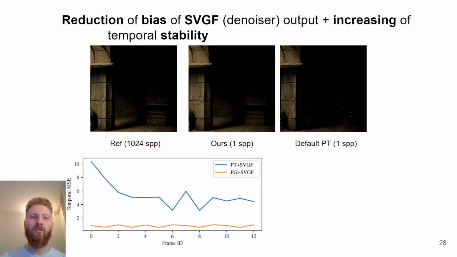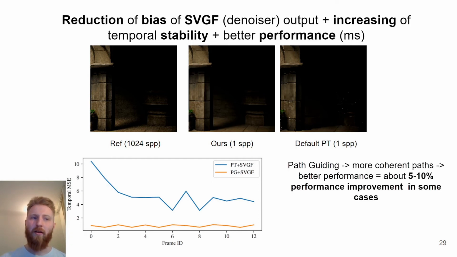Also, we try to capture the temporal stability level by computing the mean square error of the SVGF output with regular path tracing and with our technique. The regular one is the blue line and ours is the orange line. Our technique makes it really stable and decreases the error several times.